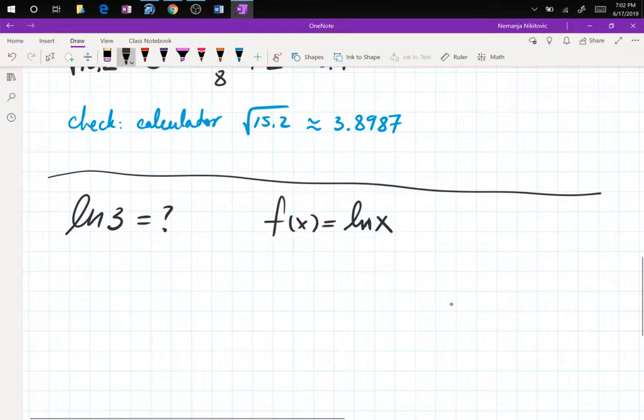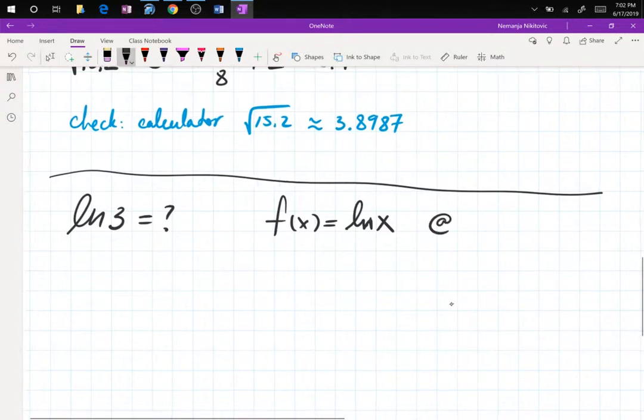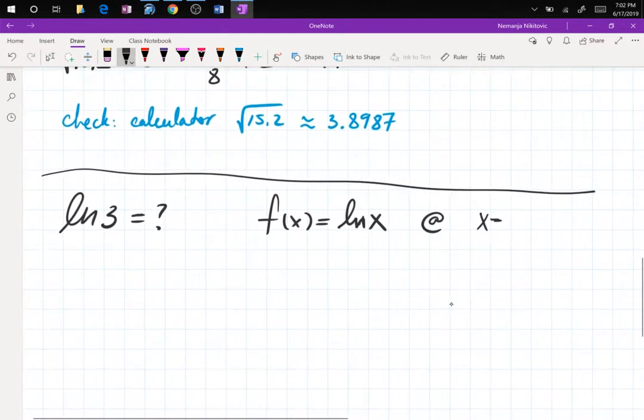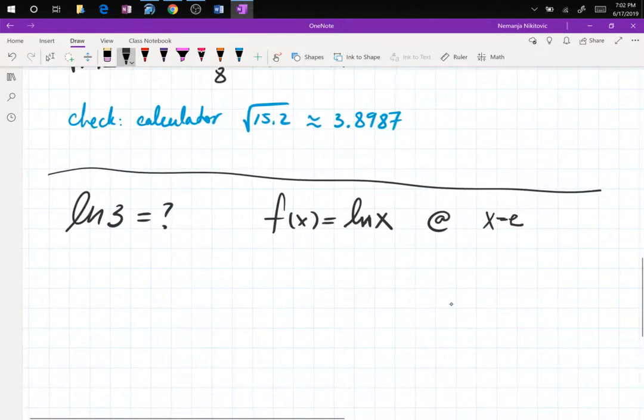Excellent. e is about 2.7. So we will find the tangent line at x equals e. Great. Let's go.